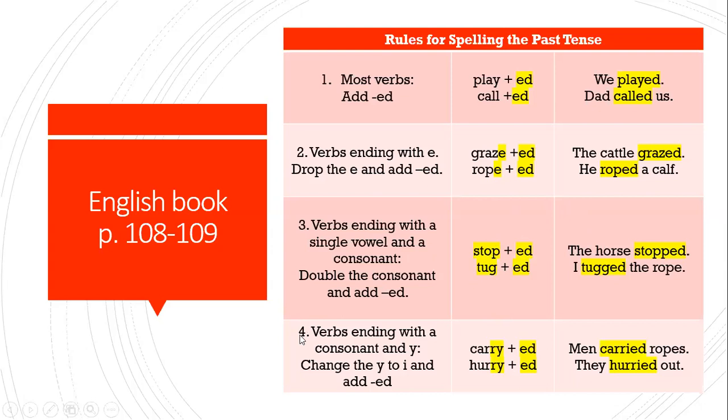Rule number 4, which should be the most familiar one to you because we've covered this with previous tenses. Verbs ending with a consonant and Y. And again, when we're talking about consonants, we're talking about every other letter in the alphabet, not the vowels. We take out the vowels, A-E-I-O-U.